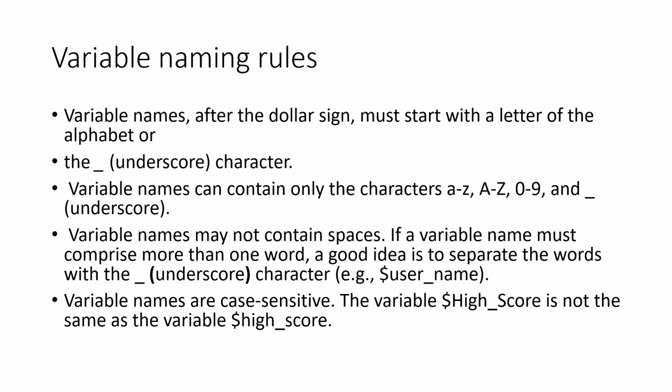Whenever you create variables, there are some rules you need to follow. In PHP, we use a dollar sign, and after the dollar sign, you have to have a letter of the alphabet or an underscore. Then you can have only letters, numbers, and underscores. And remember, you cannot have any spaces. If you have more than one word, we recommend using an underscore to separate them.